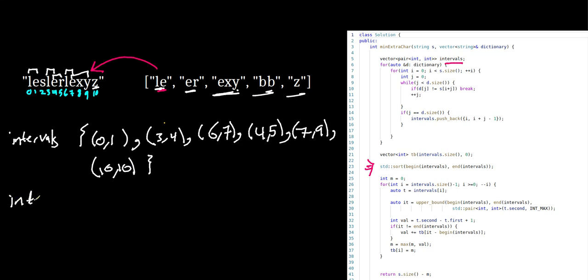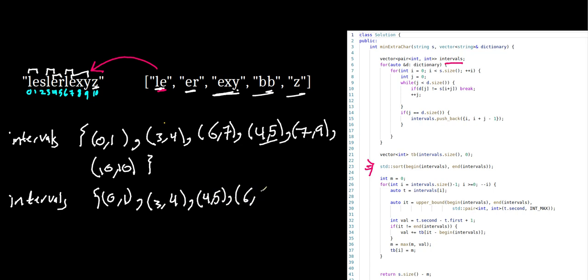So after sorting it becomes 0, 1, then 3, 4, then 4, 5, then 6, 7, then 7, 9, then 10, 10.